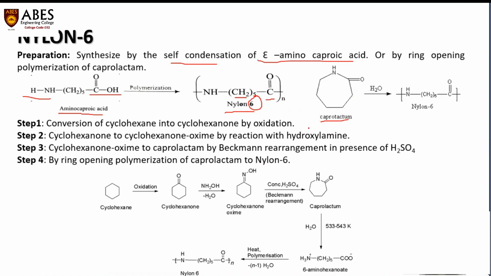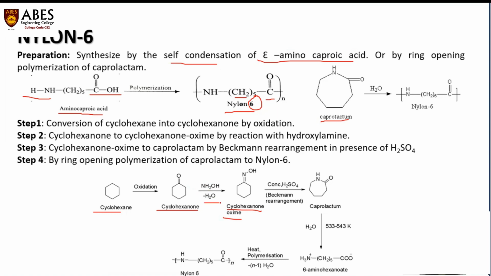First, we start from cyclohexane, which is a 6-membered cyclic ring, which on oxidation forms cyclohexanone. In the next step this cyclohexanone is converted into cyclohexanone oxime by the reaction with hydroxylamine.